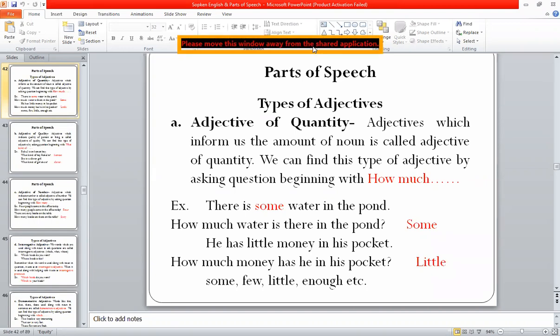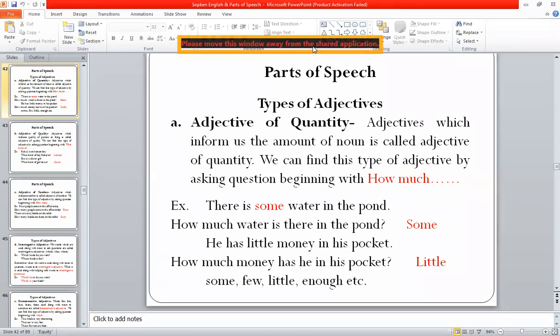Quantity showing words: little, some, few, enough, much, more, most, too much. These are the words which are showing the quantity of the noun. That is why they are called adjectives of quantity.